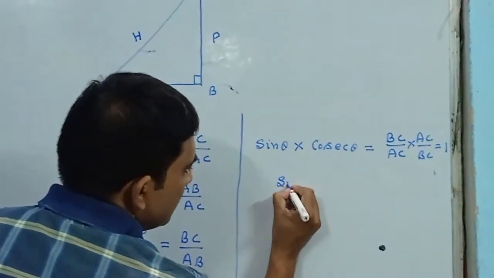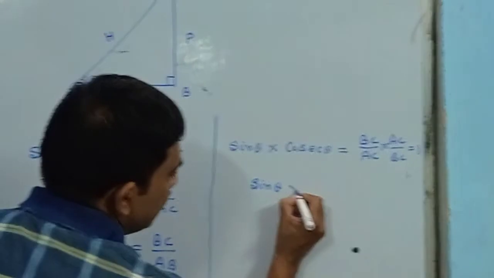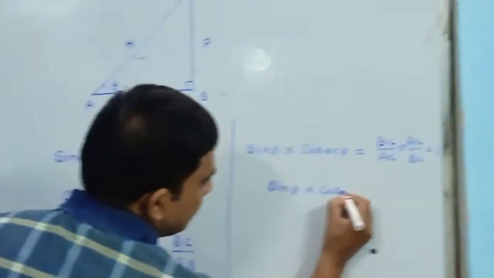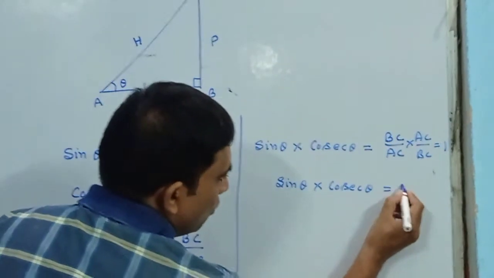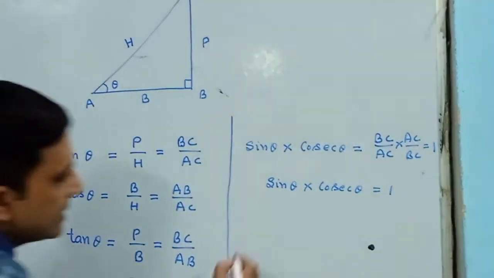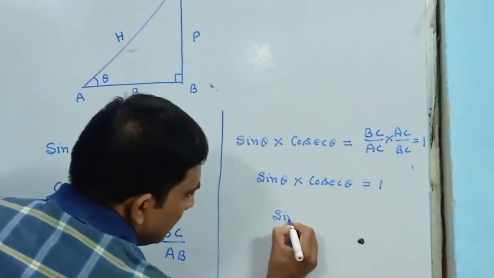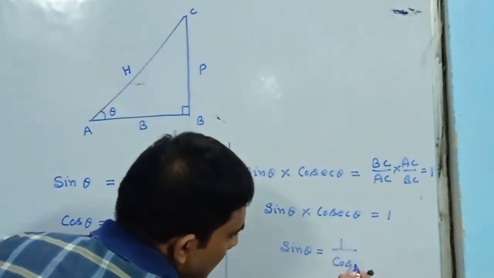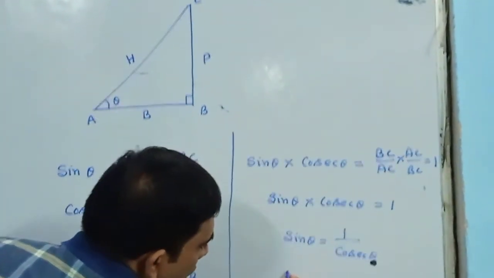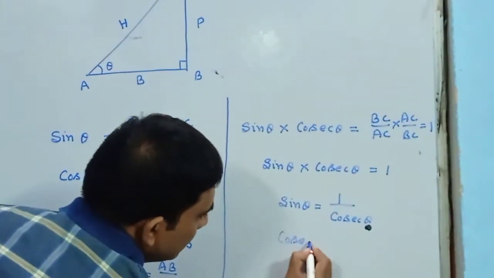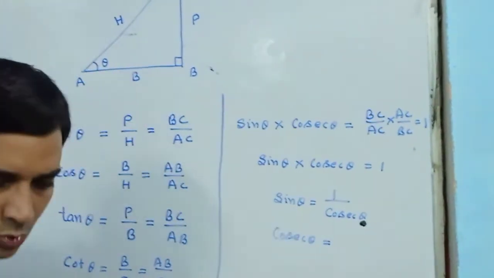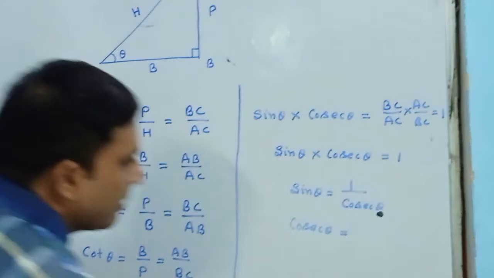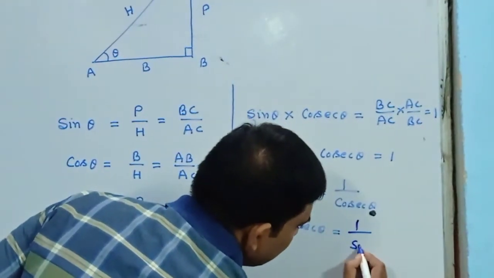Means the product of sine theta and cosec theta is equal to 1. We can say sine theta is equal to 1 upon cosec theta, or cosec theta is equal to 1 upon sine theta.